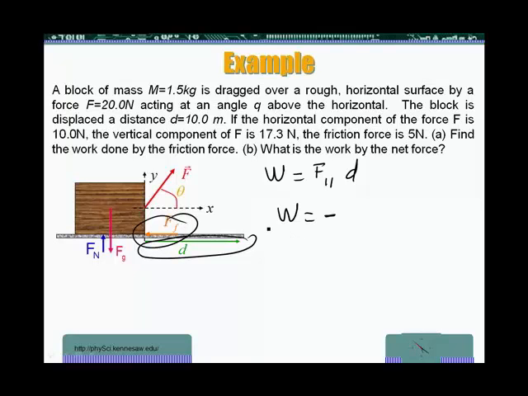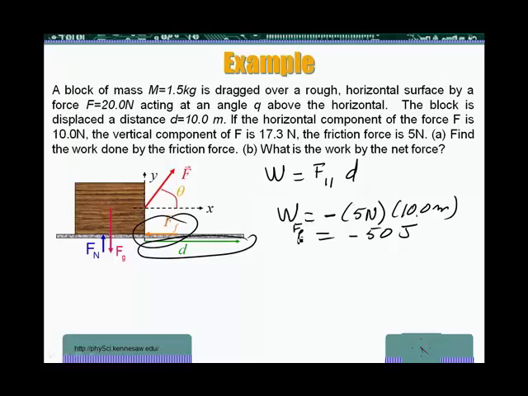Instead of helping move forward, it is preventing it from moving. So that's where the minus sign comes from. So it is going to be minus, and then the friction force is 5 newtons, times the displacement, 10 meters. And that's going to be minus 50 joules. So that's the work due to the friction force.